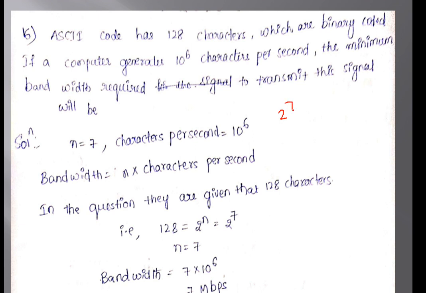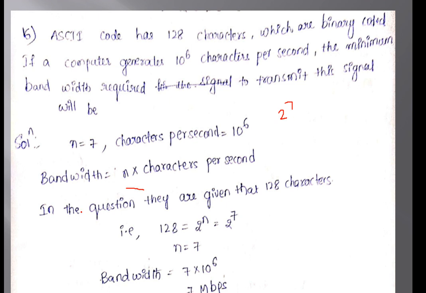To calculate the bandwidth of the transmitted signal, we need to know the n value. The bandwidth formula is n into characters per second. The n value comes from the 128 characters equal to 2 power n. Here 128 equals 2 power 7, so n equals 7.